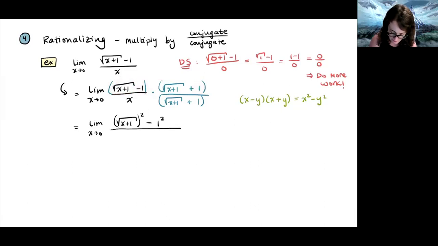Now in the bottom, I would never ever recommend that you distribute this x into here and here, because our goal is to cancel that x. So don't ever bother distributing it out. So I would say just leave it exactly like this, x, parentheses, all of that stuff.